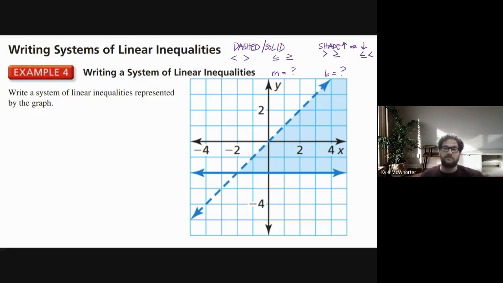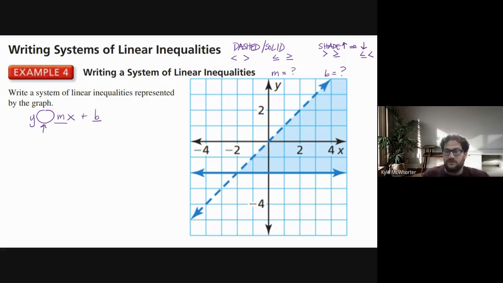And that's all we need, because all we have to fill in is y, then an inequality sign, and then mx plus b, right? So we need to know what is m, what is the inequality sign, and what is b.